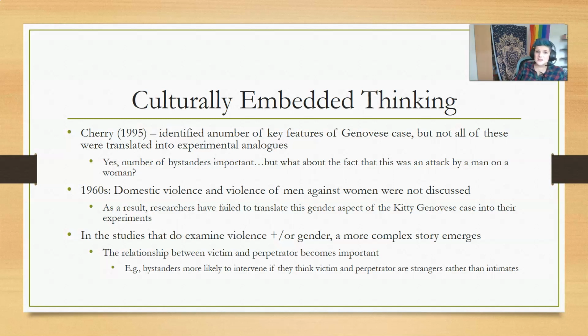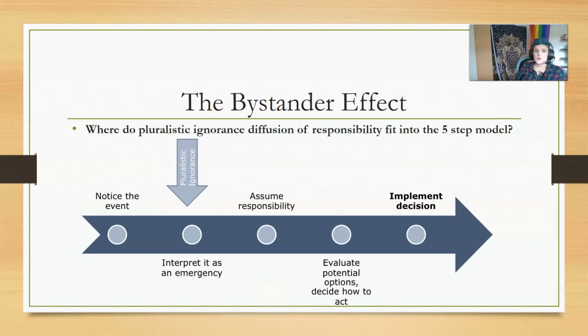However, in this case, many of the people thought that they were in a relationship and simply didn't want to intervene because at the time, domestic violence was quite normal. And so, if you go back to the 5-step model of the bystander effect, they might not interpret it as an emergency because domestic violence wasn't discussed and was commonplace, and a lot of people were watching, therefore there was quite the diffusion of responsibility.